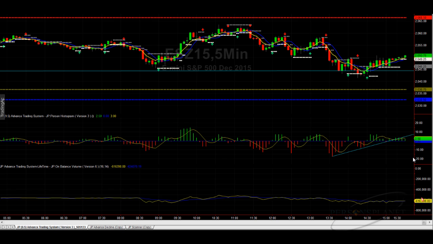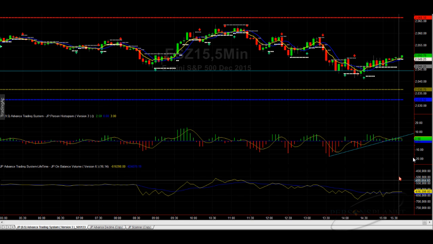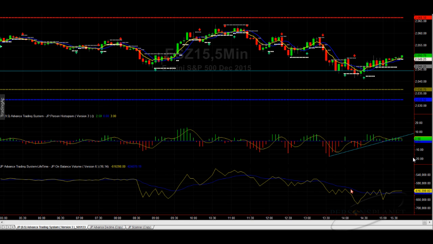So with that said, another thing that I utilize is this tool called OBV, on balance volume, and we overlay a moving average. One of the reasons I put an overlay of a moving average is that someone in our room the other day who was familiar with the on balance volume indicator noted that sometimes we get a very small negative change.